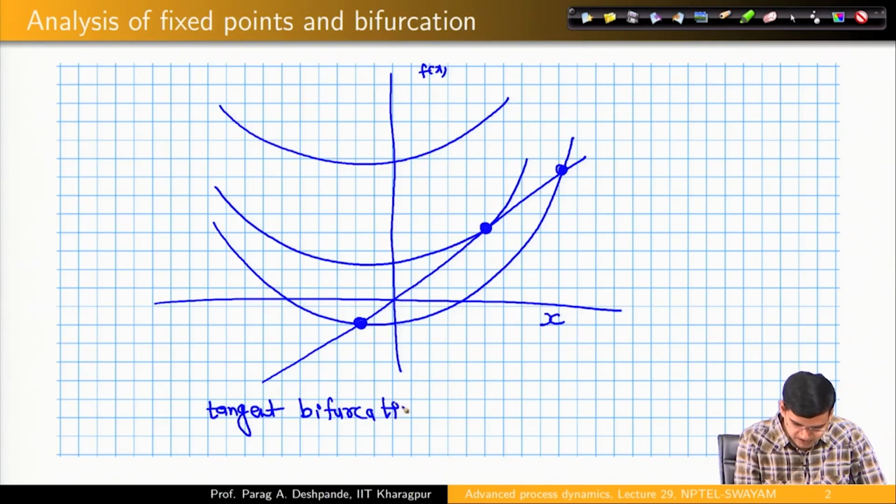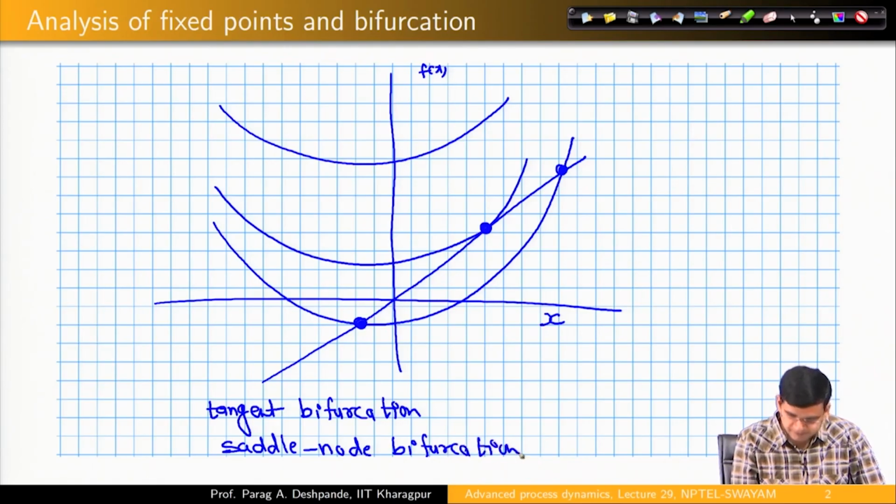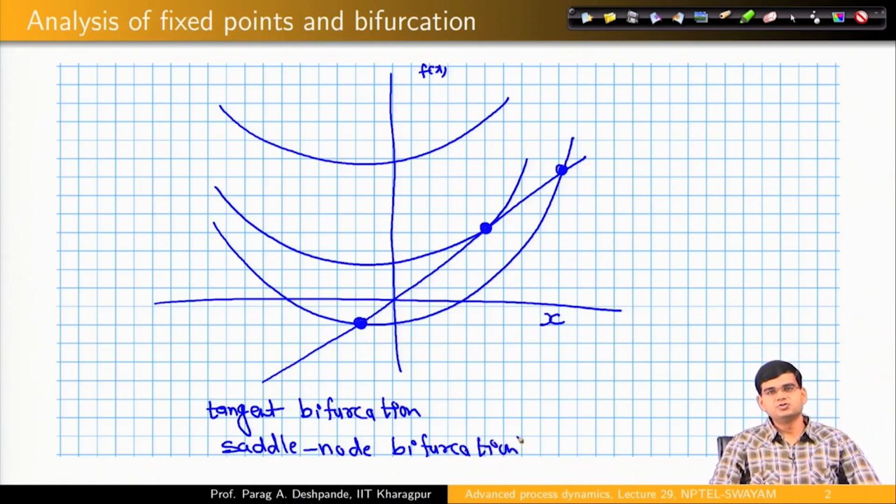In fact, there is another term for it, it is called saddle node bifurcation. So, as the value of my parameter c changes, one or more equilibrium solutions or fixed points can appear, and such bifurcations are called saddle node bifurcations.